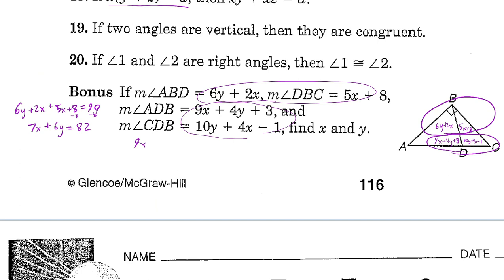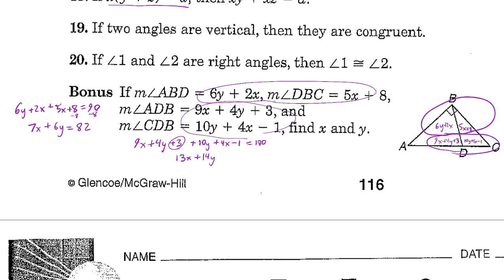The other one is 9x plus 4y plus 3 on the bottom, plus the angle adjacent to it, its linear pair, equals 10y plus 4x minus 1. That all adds up to 180 degrees. So that's how many x's? 13 x's plus how many y's? 14 y's.